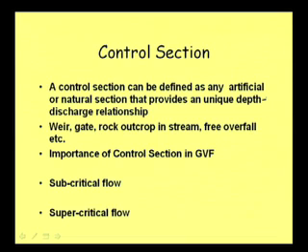That is, if we know the depth, just knowing the depth without measuring the other things, because the channel section is fixed at that point, bed width, channel shape, whether it is trapezoidal, rectangular, or some special shape, then knowing all those things, we have a depth-discharge relationship. For a particular depth we get a particular discharge, a unique relationship. Those sections which provide that sort of relationship, we call control sections.